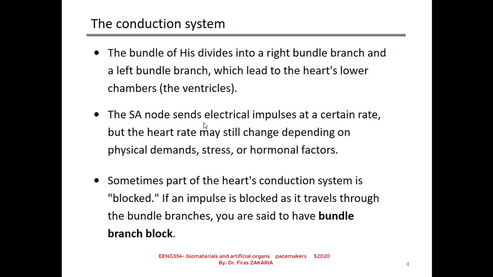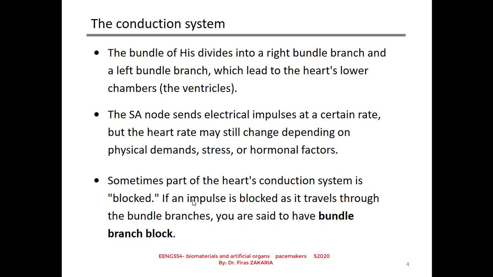The SA node sends electrical impulses at a certain, fixed rate, but the heart rate may still change depending on other elements. These elements may be physical demands, stress, hormonal factors, and other factors.